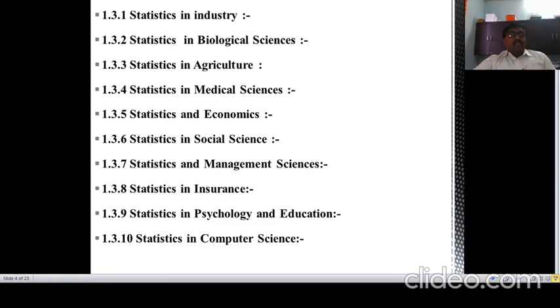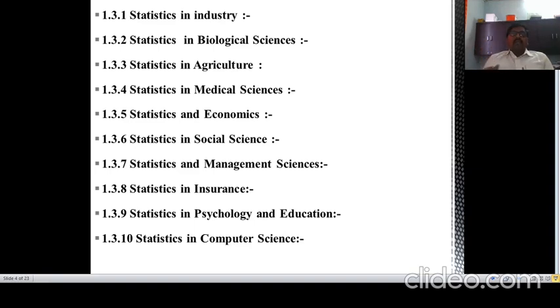Now, statistics is used in psychology and education. In the field of psychology, human traits are interrelated. The powerful technique of measuring such a dependence is correlation.